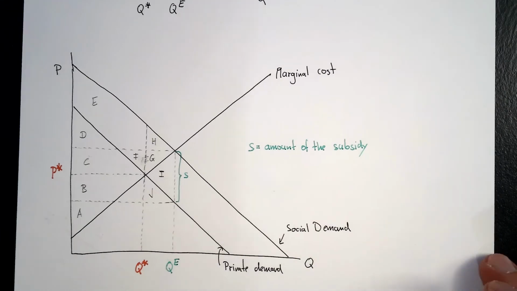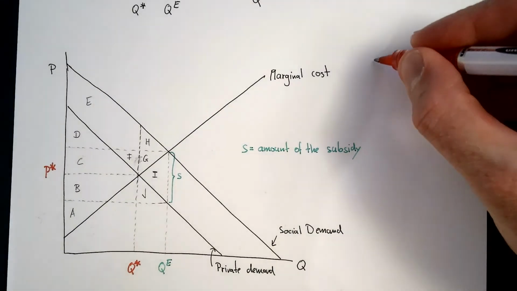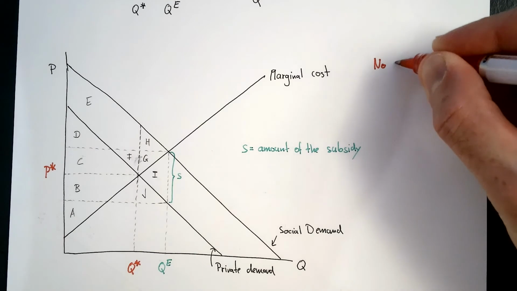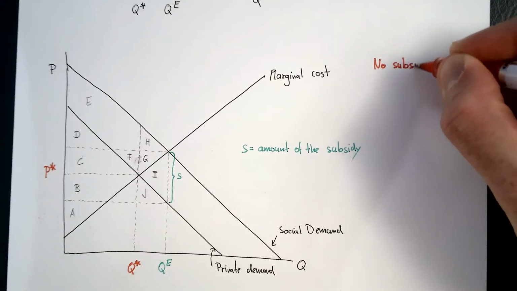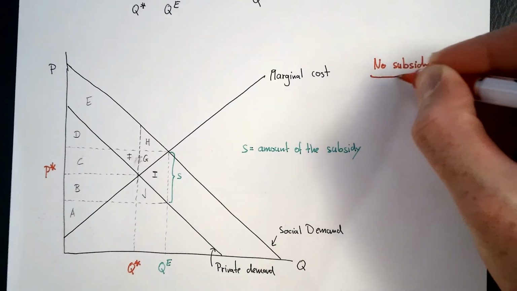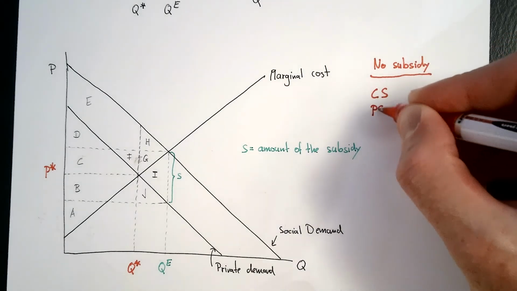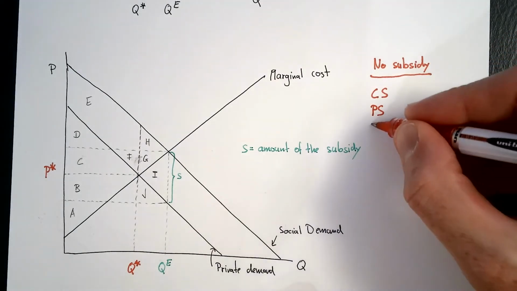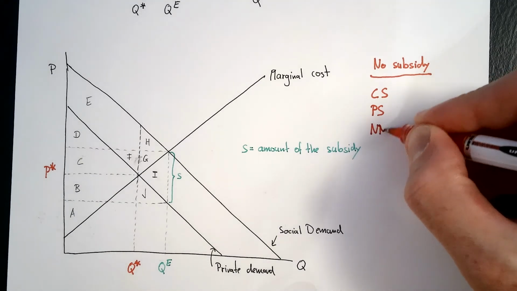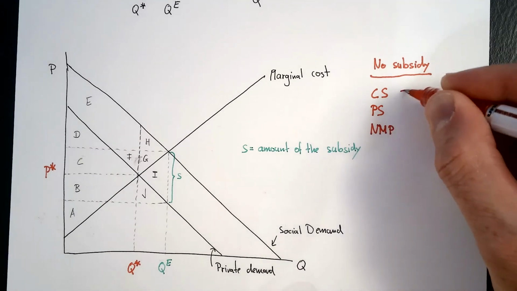So we have said that with no subsidy, we have the consumer surplus, the producer surplus, and the benefit to the non-market participants.